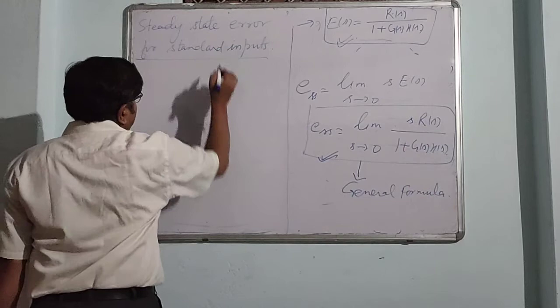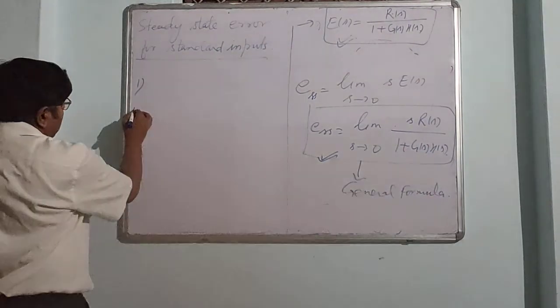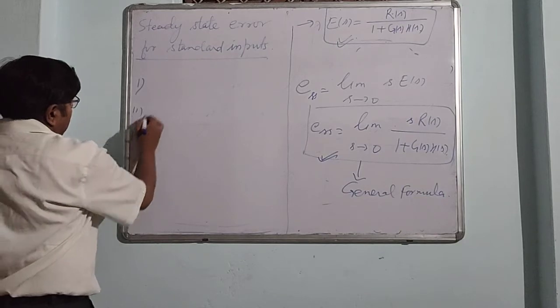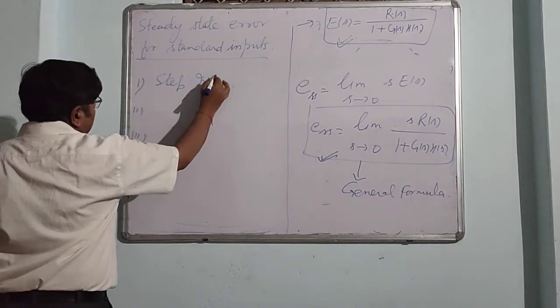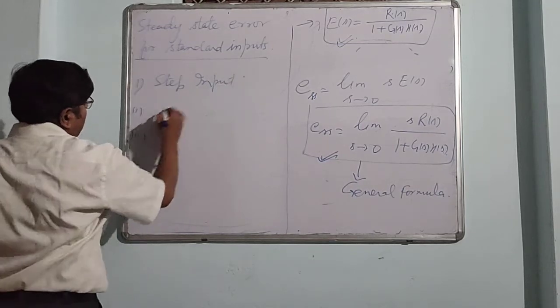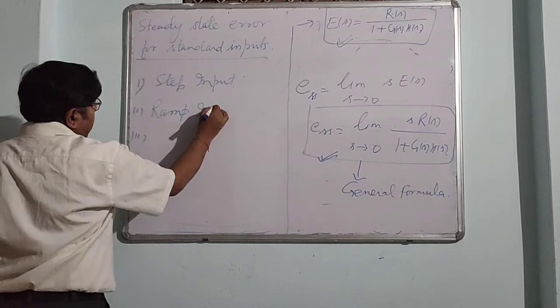We have three standard inputs: step input, ramp, and parabolic.